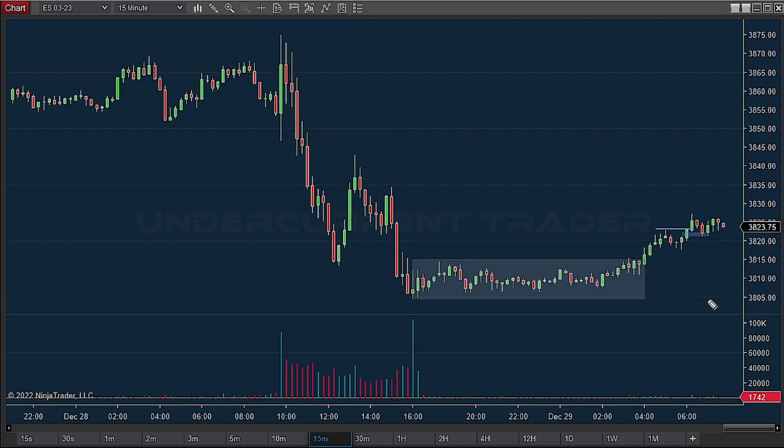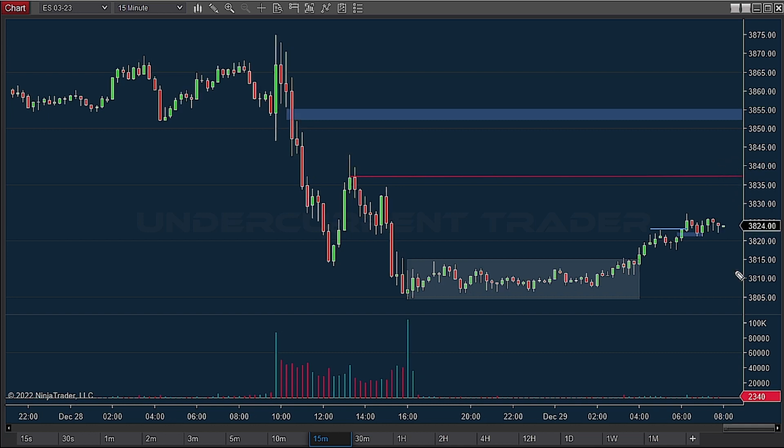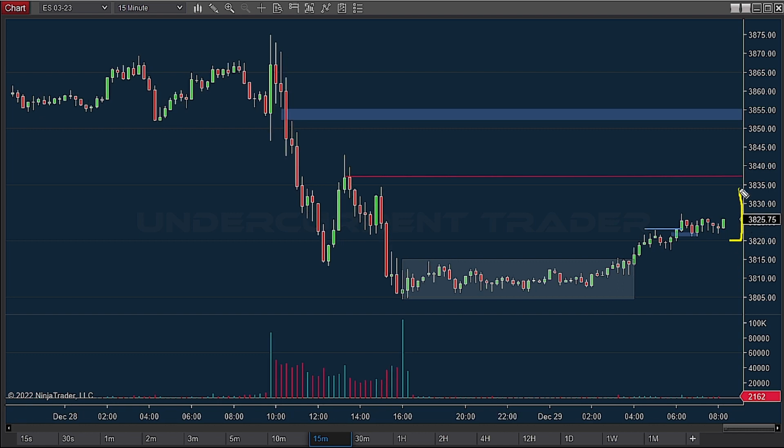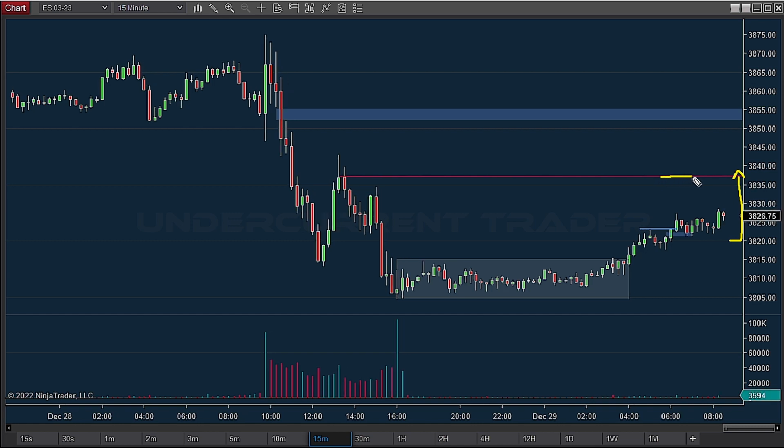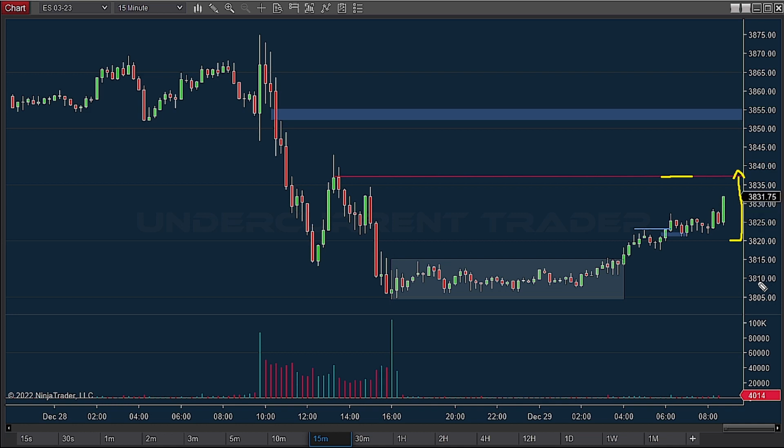Equally important, I should say, since we are oversold in relation to our range's 50% fib retracement level, at the very least, we can objectively expect a decent scalp into this upswing here, which I've marked with a red horizontal line. So needless to say, these influences do suggest a long entry here.